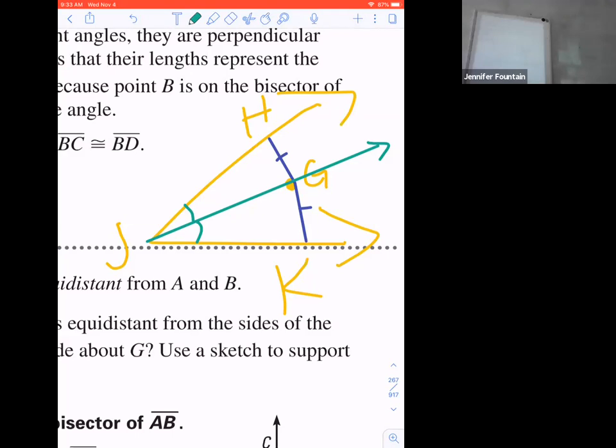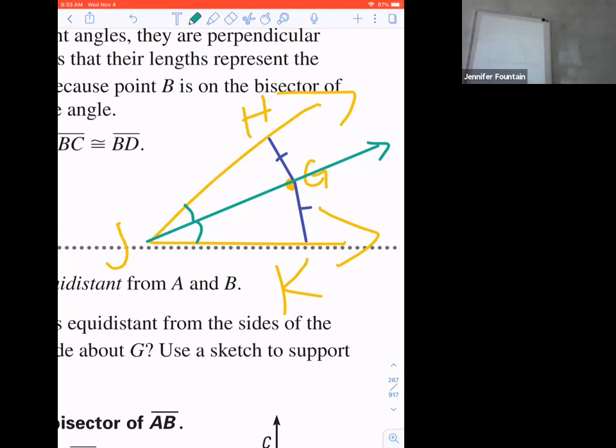Where my boxes are, they're angles, right? So just put A's over those. That's an angle, that's an angle. What are these called, angles or sides? Is there anything else I can conclude is exactly the same? Did they tell me that?